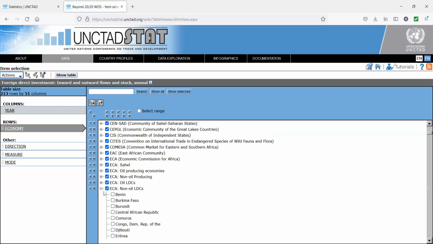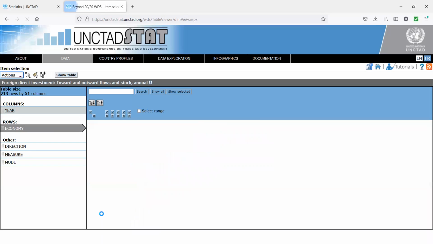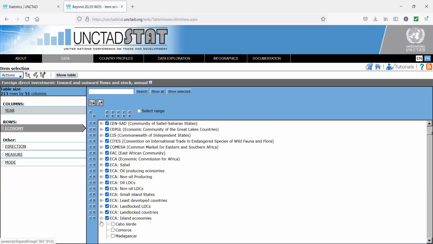You'll have non-oil less developing countries. You'll have small island states, less developing countries, landlocked less developing countries. You'll have landlocked countries. You'll have island economies. You'll have mineral-rich countries.